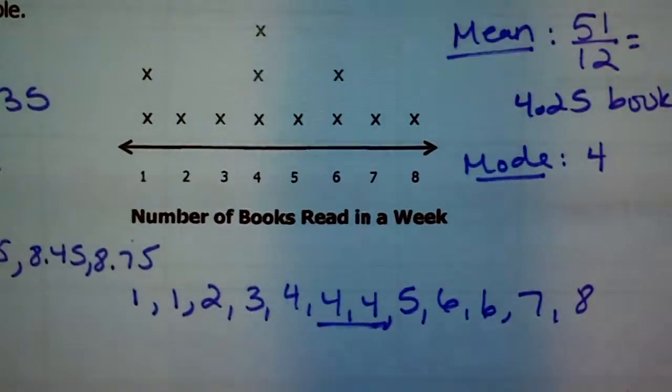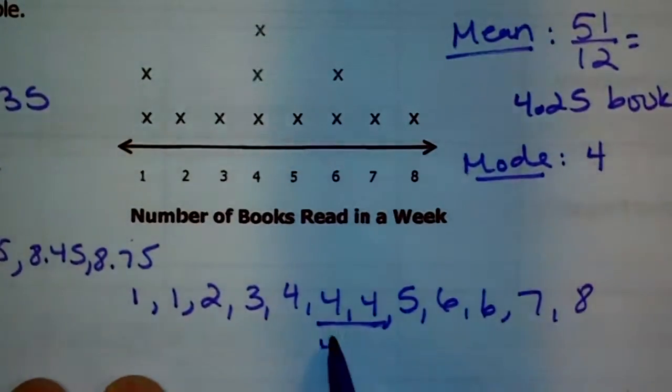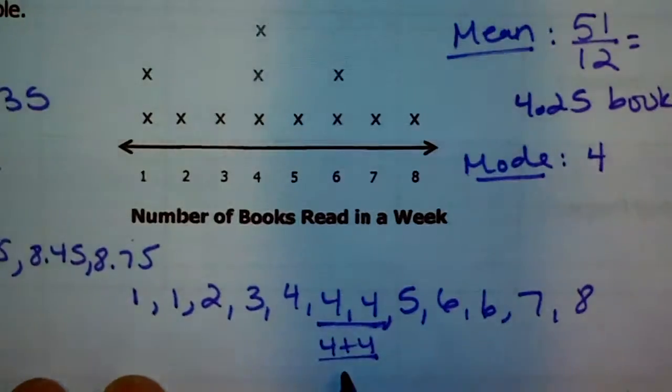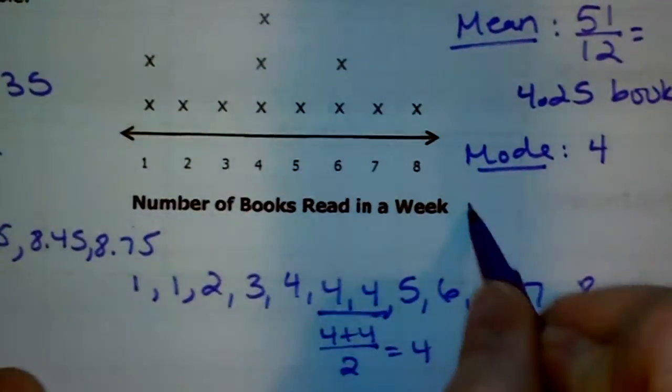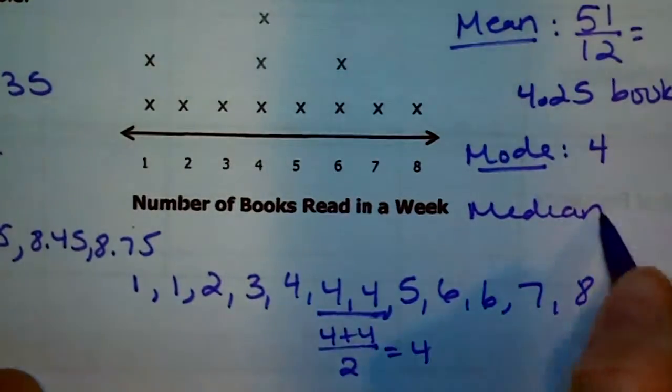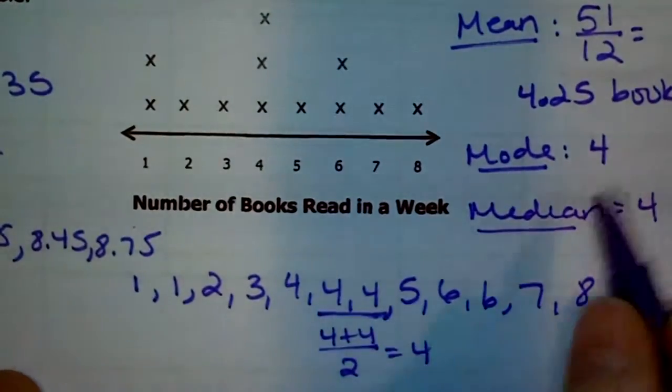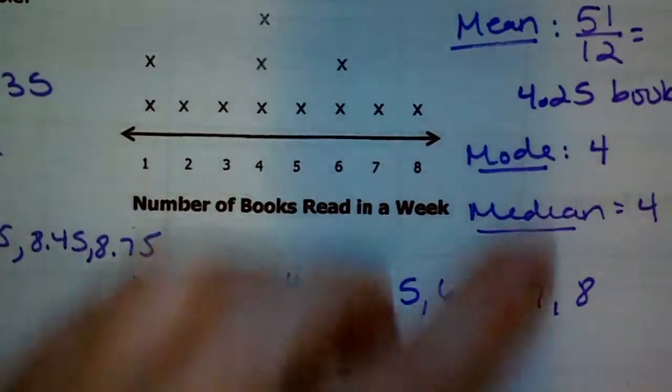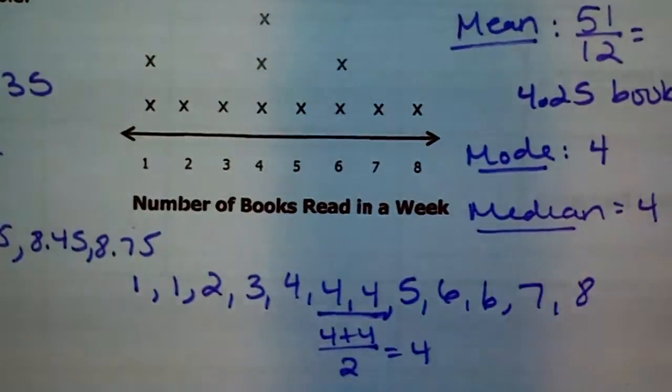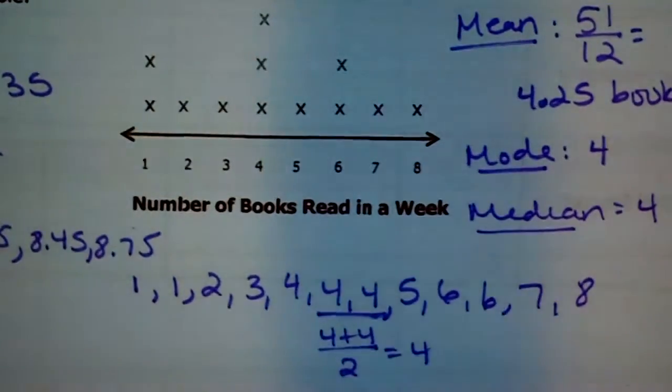Well, if you find the average of 4 and 4, it's 4. If you wanted to do that the long way, yes, you could take 4 plus 4, which is 8, divide it by 2, and you're going to get 4. So our median is equal to 4 books. They're all kind of right around the same, so central tendency, all right about the same.